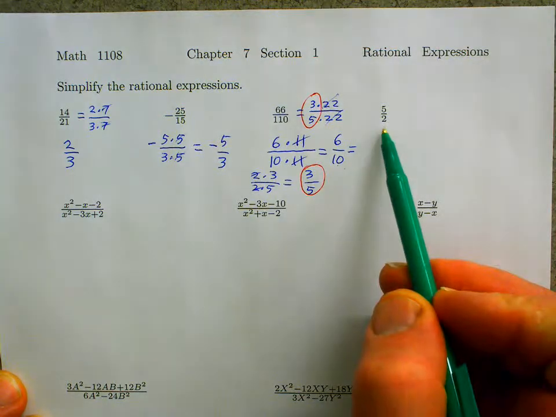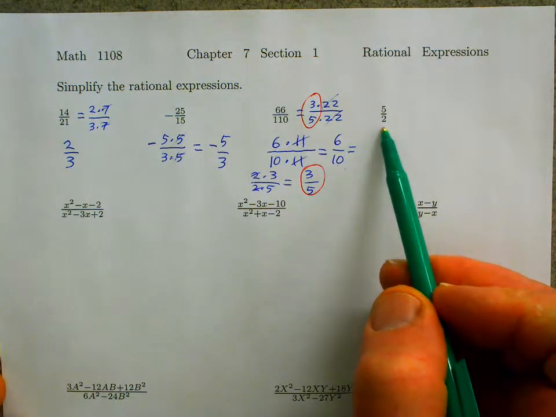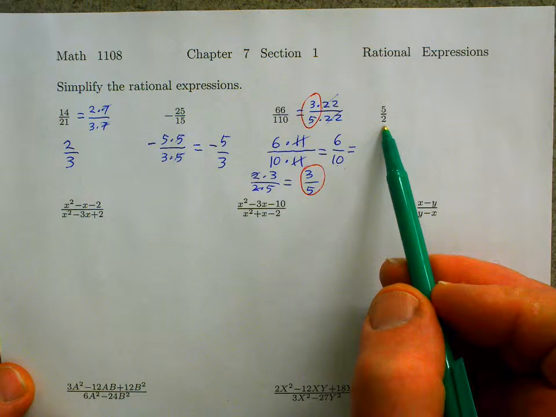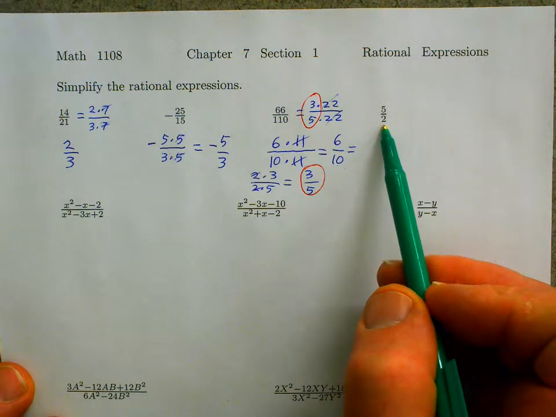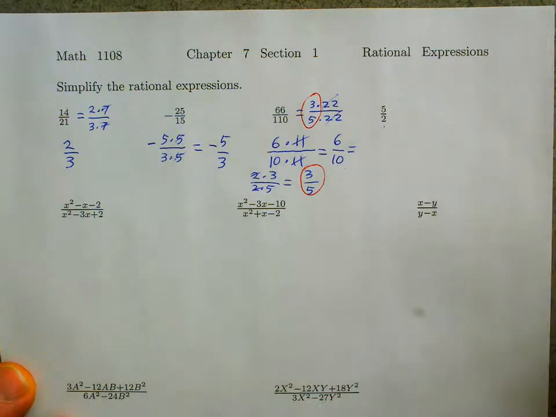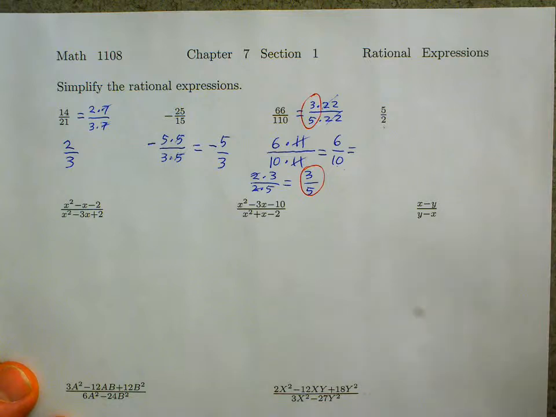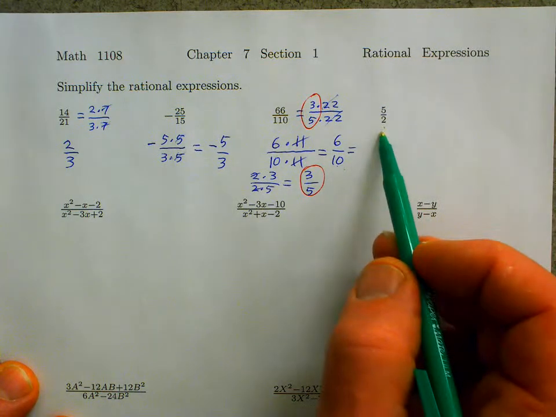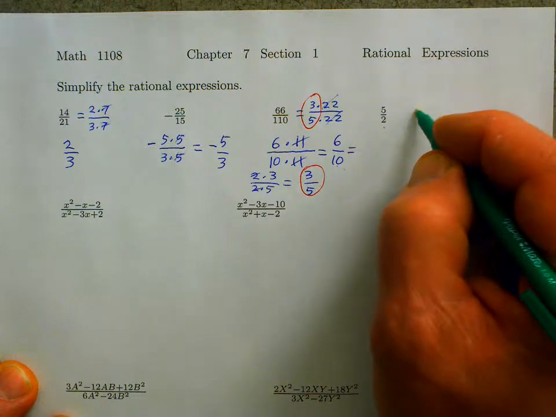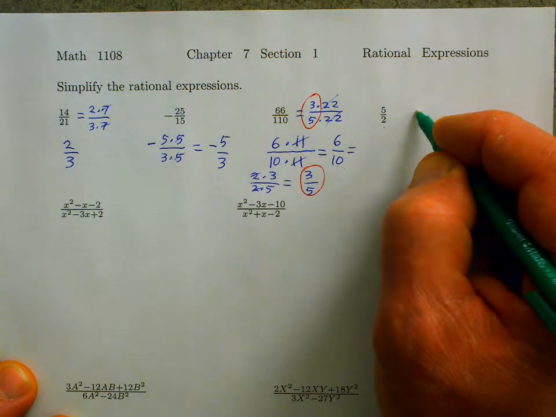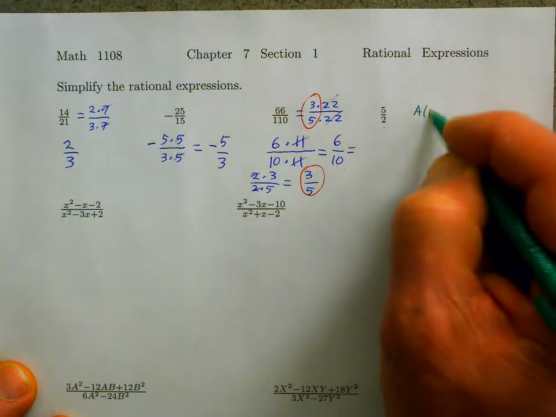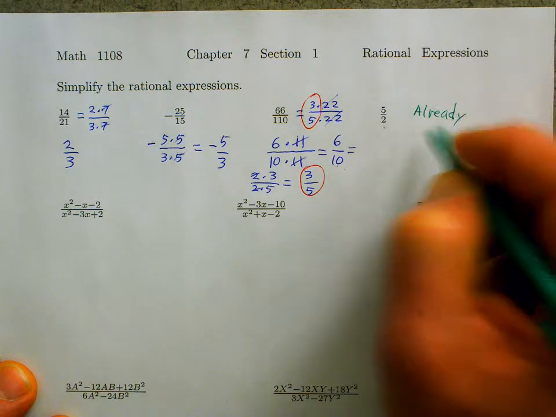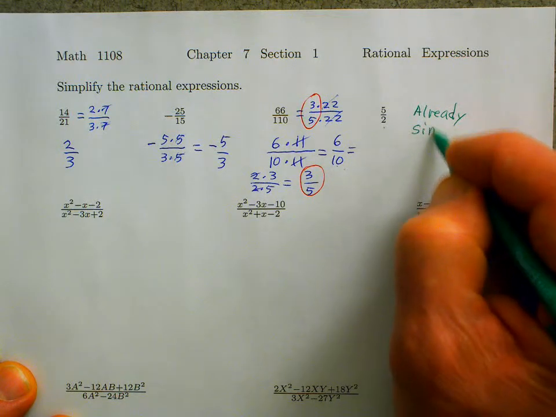The fraction 5/2, this is already as simplified as it can be. So in this class, we don't write mixed numbers, we just write improper fractions. So this one is already simplified as it can be.